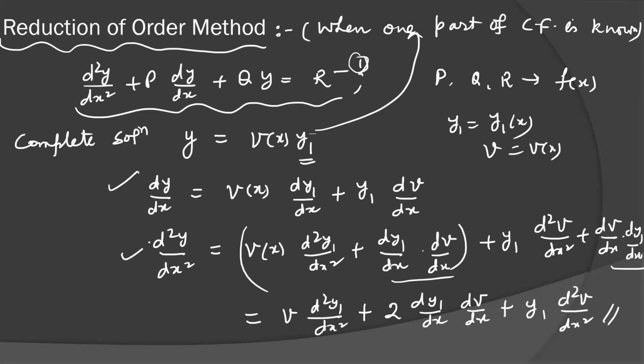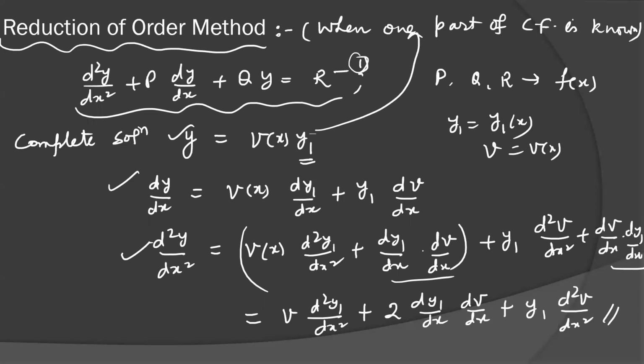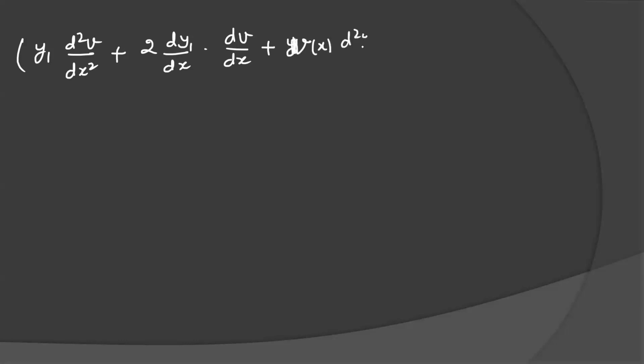Put this value, and the value of y, in equation 1. So the first term, taking the second derivative term first, will be y1 d2v by dx2, then the first derivative term 2 dy1 by dx into dv by dx, plus v(x) d2y1 by dx2.